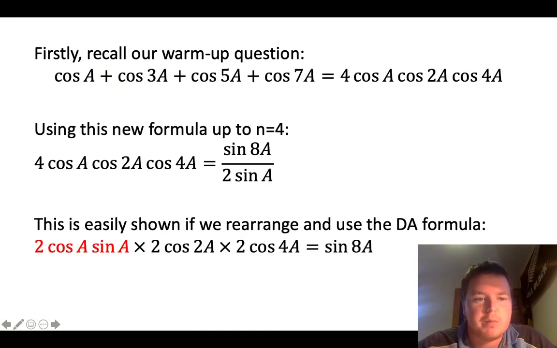If we cross-multiply that to take the 2 sine a up the top and then distribute the 8 that you'll get into 3 lots of 2, you can repeatedly use a double angle formula, which is similar to another question I've shown you over the last few days. And if you do that, you'll end up with sine 8a. The term in red there becomes sine 2a, then it goes with the next term to make sine 4a, and then the next term to make sine 8a.